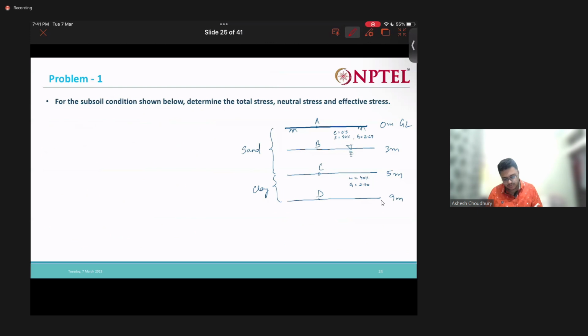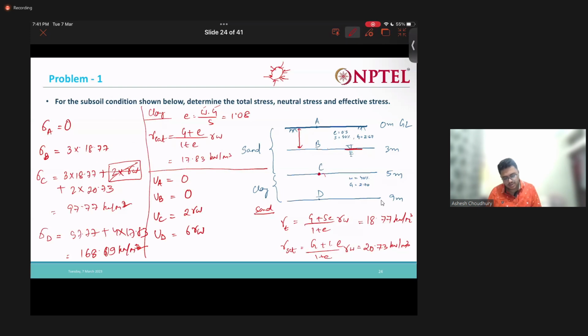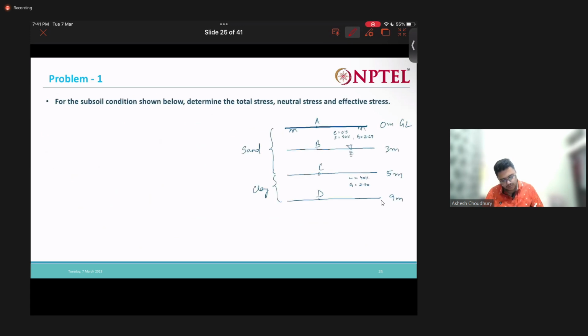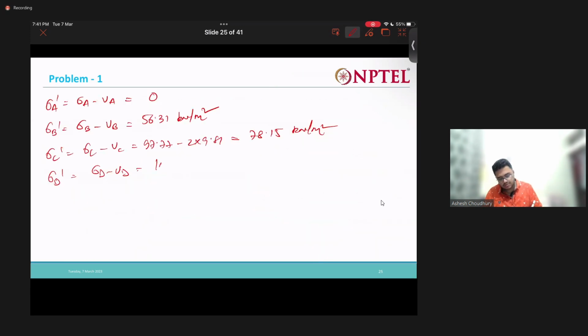At C, 97.77 minus 2 into gamma W. At D, 168.69 minus 6 into gamma W. It will be 110.23.